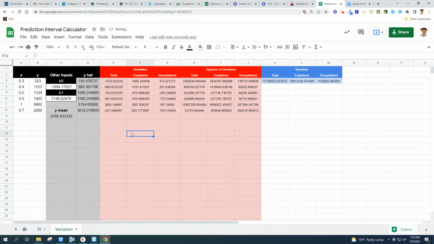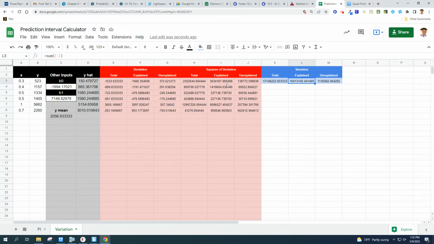there we go. Okay, so we've got our y hat, which is our predicted value if we plug in the x numbers. And we can see the deviation right here in red. This set of numbers here isn't very useful. All I'm doing here is squaring these numbers because I know when the variation, we're going to have to do the sum of the squares. So this one, if you look at this formula, it's the sum of these numbers right here, okay?